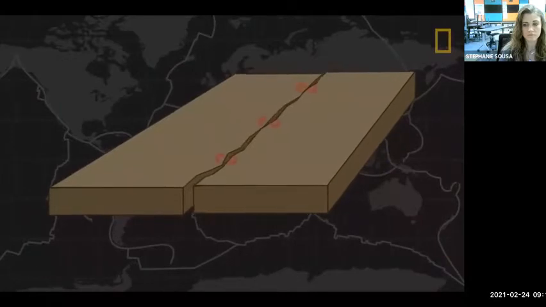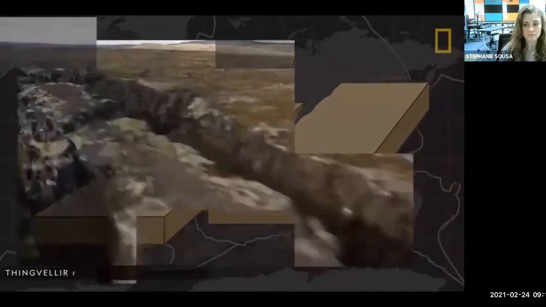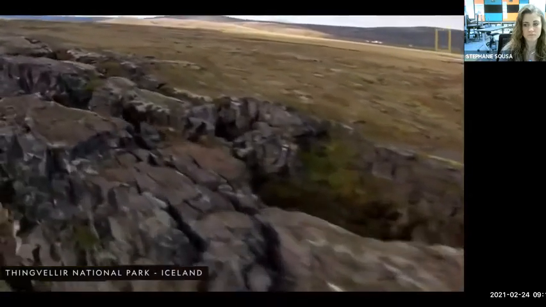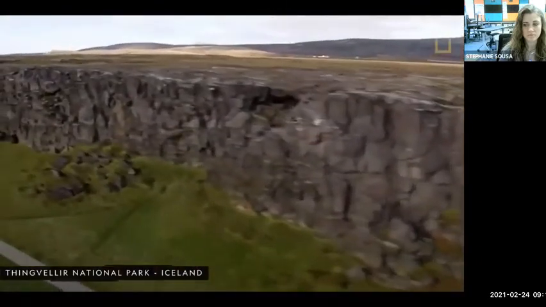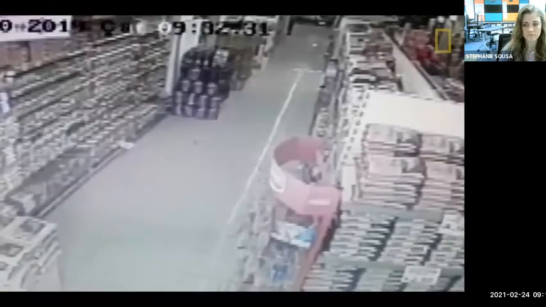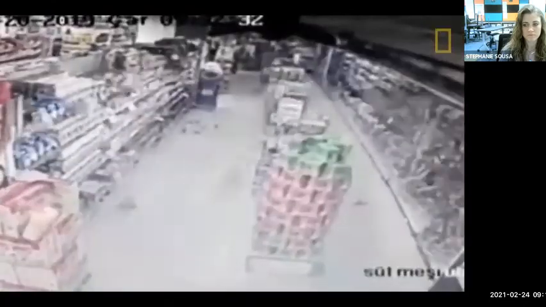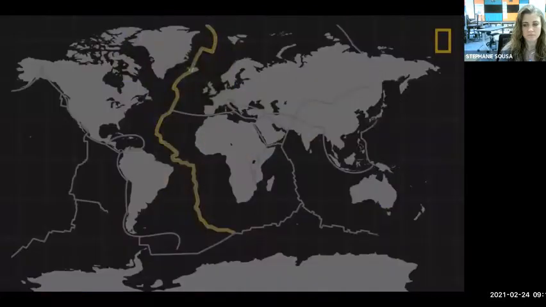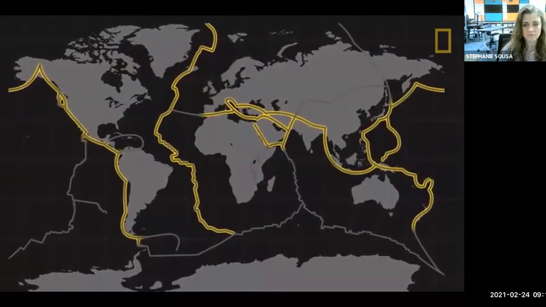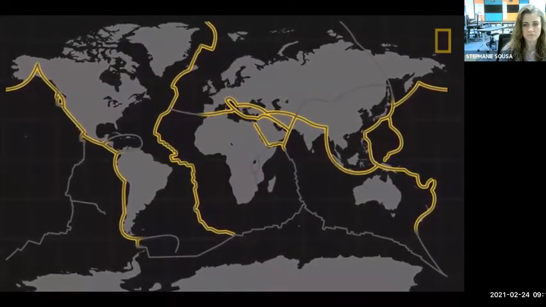Energy from this attempted movement builds around the edge's sticking point, creating immense pressure until the edges are forced to let go and the plates slip. This causes a sudden and powerful release of energy, so powerful that it breaks the Earth's crust. This fracturing emits shock waves through the ground and causes intense vibrations, or quakes. In fact, the world's most earthquake-prone regions are where the most geologically active plates meet.